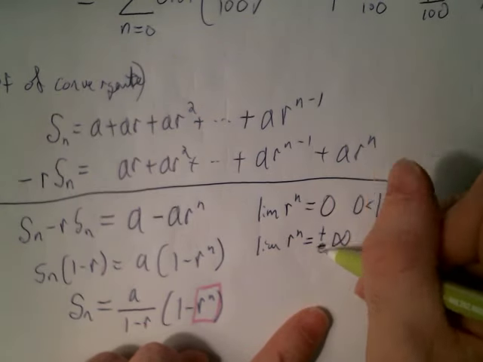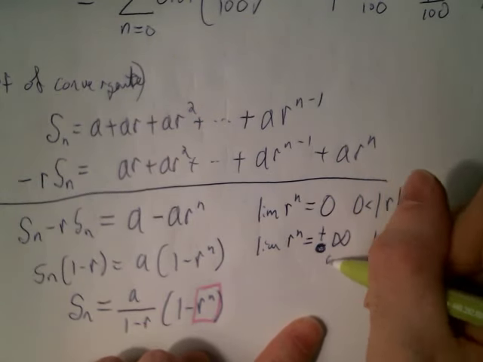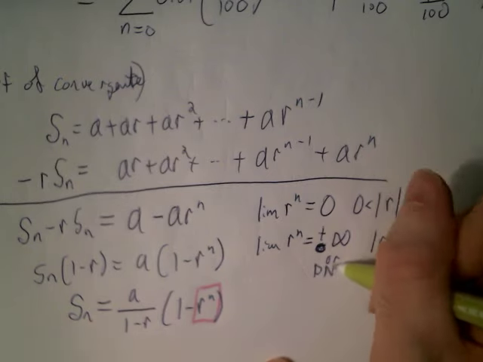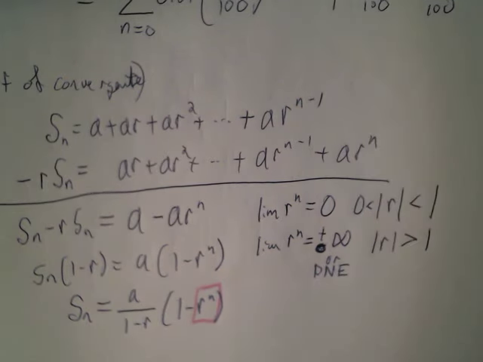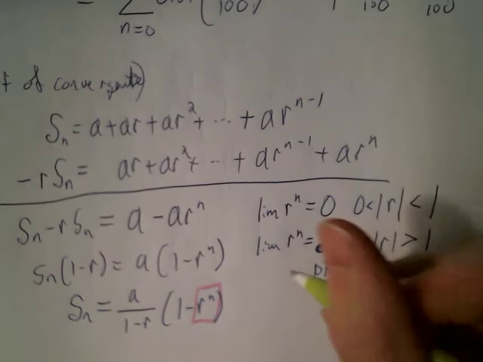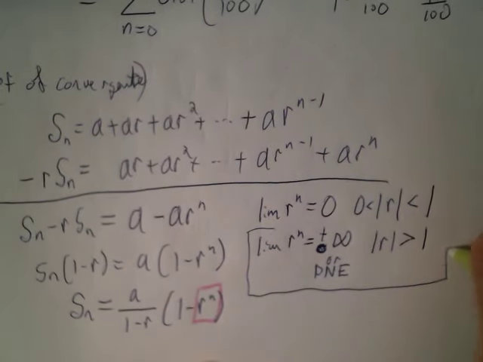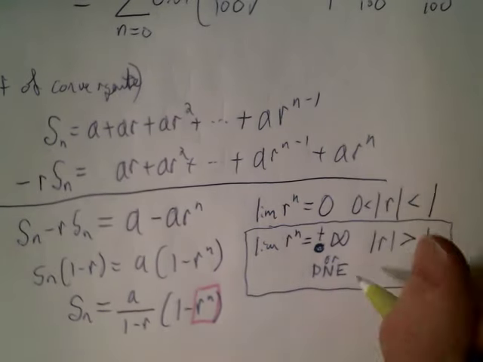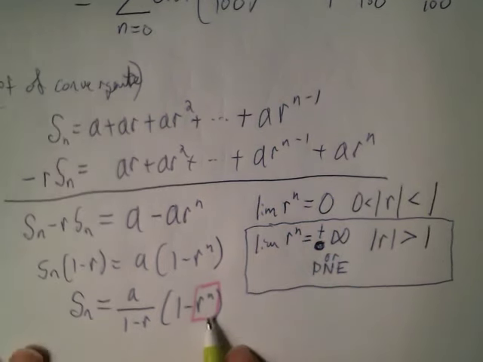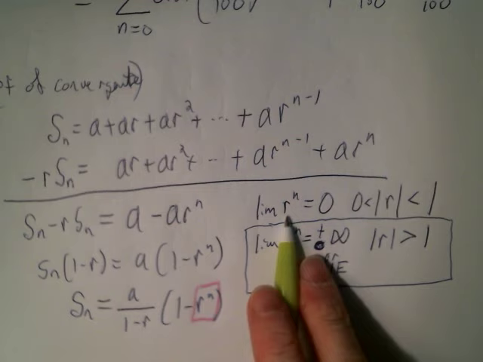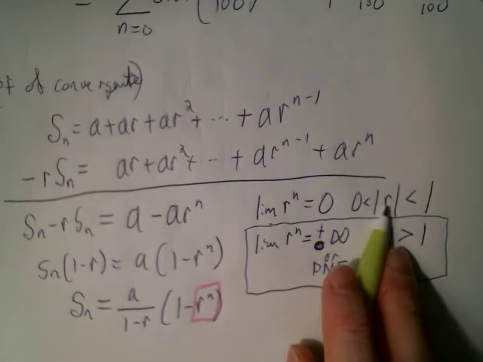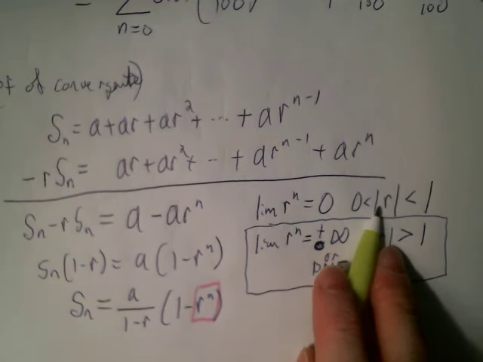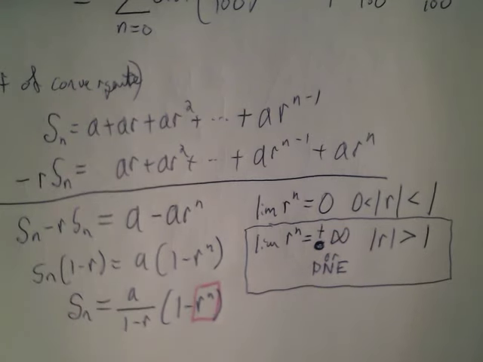In other words, it's either going to be positive infinity or it won't exist at all. In either case, we'll say it's divergent. So if you look back in your notes anyways, this case will be divergent when r to the n goes to some sort of infinity or it doesn't exist. If this thing equals 0, that's the case when the r value is less than 1.